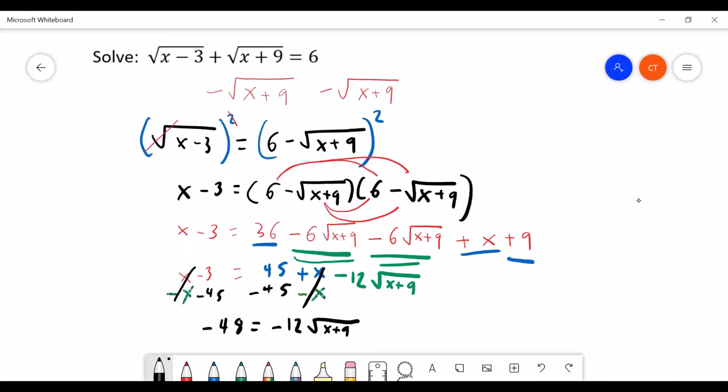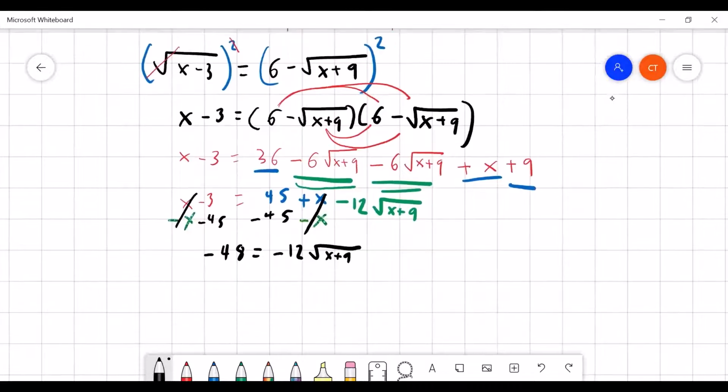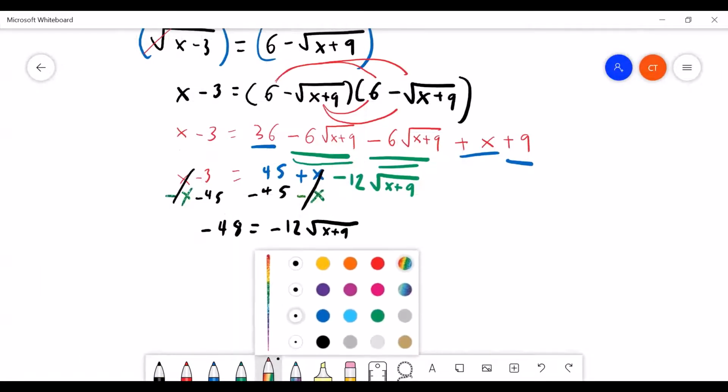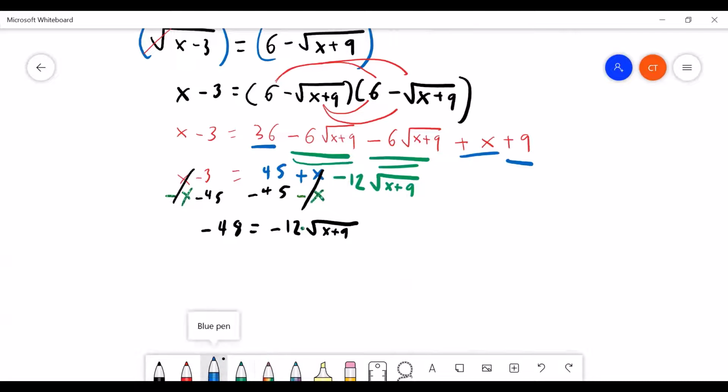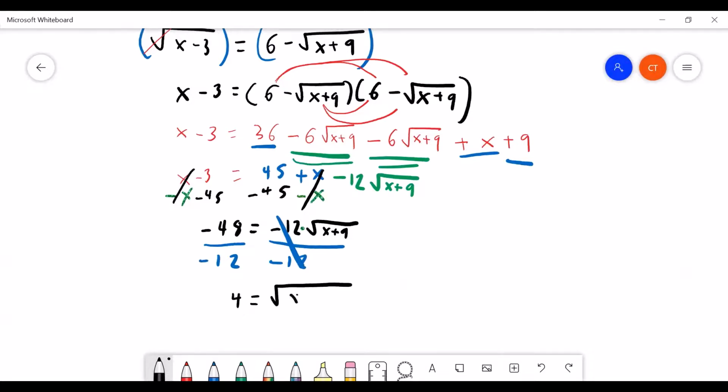That negative 12 is multiplied by the square root. And to get rid of a multiply by negative 12, we will want to divide both sides of the equation by negative 12, leaving you with positive 4 equals the square root of x plus 9.